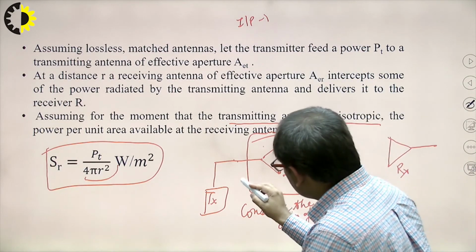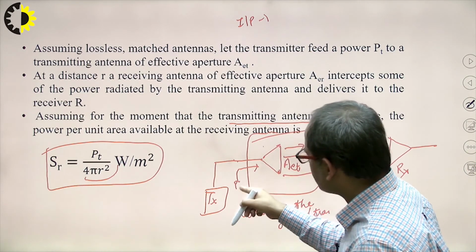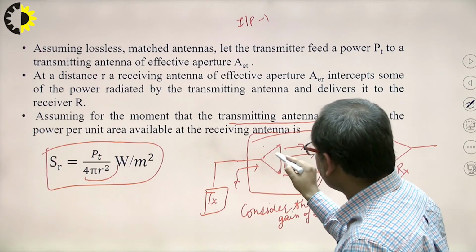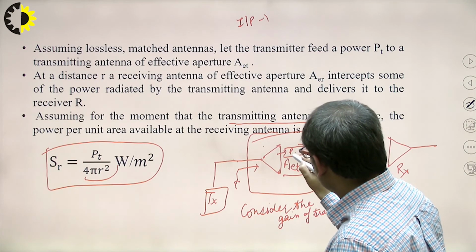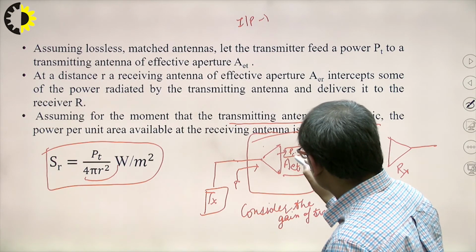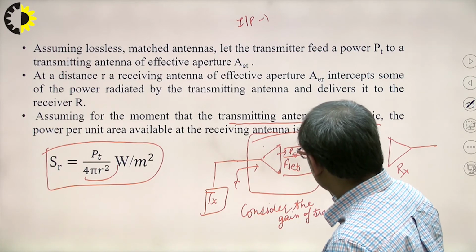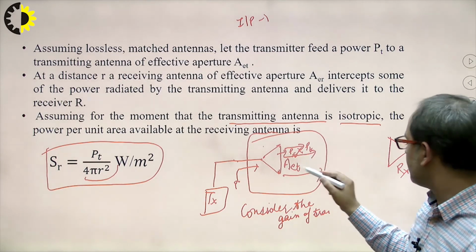Let's say I am supplying some power PT to this transmitting antenna, but it radiates some power, let's say PR, which is less than PT. So I have to consider the gain. Clear?